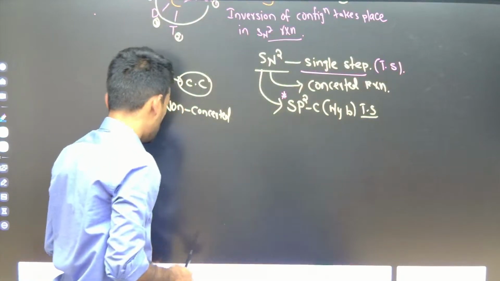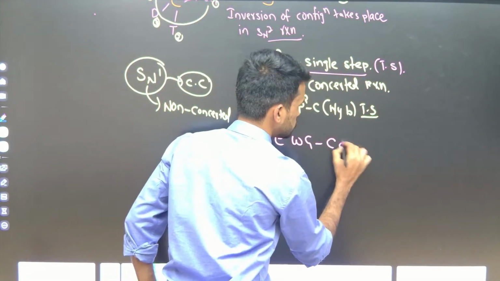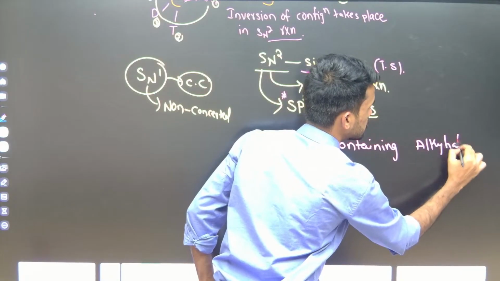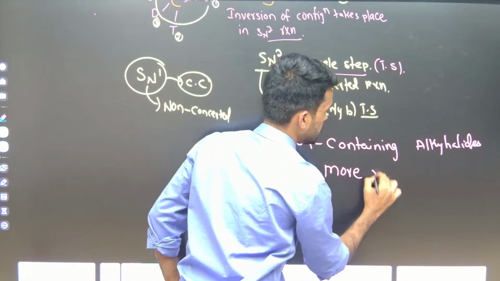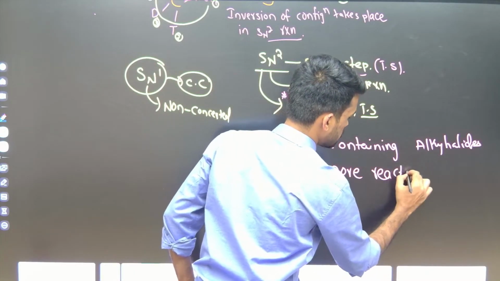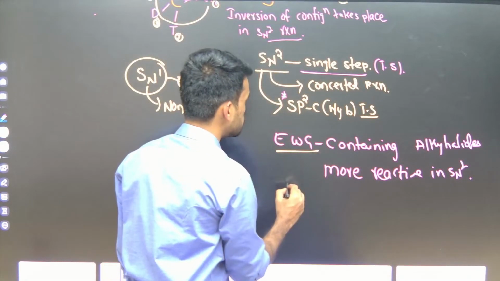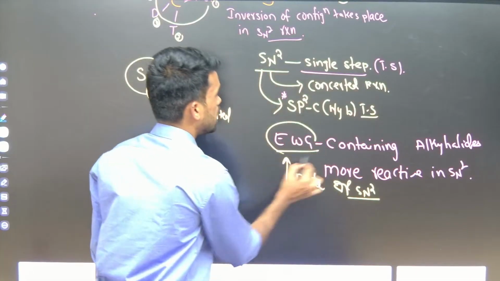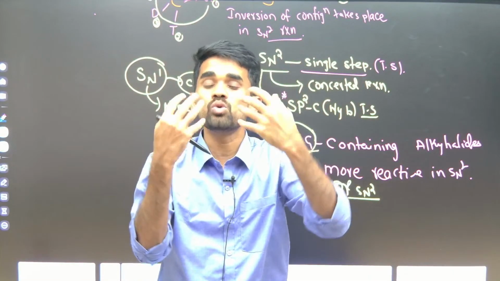So I am making a simple statement: electron withdrawing group containing alkyl halides are more reactive in SN2 reaction, or I can say electron withdrawing groups increase the rate of SN2 reaction, because, as I told you, in the transition state the carbon will have more electron density.